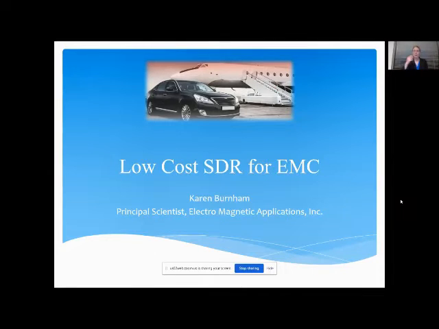Okay, so I want to talk today about low cost SDR, so that's software defined radio for EMC purposes. And I want to caveat that right off the bat by saying that if, for instance, my good friend Kimball Williams or Mac Lunn were giving this talk, I suspect that they would have a very different emphasis, because I'm going to talk about how we can use SDR to visualize the RF environment around us and get information about what's out there that we don't necessarily know about.